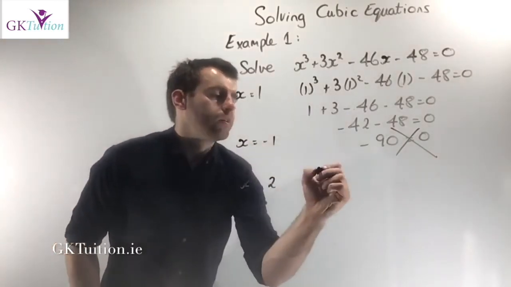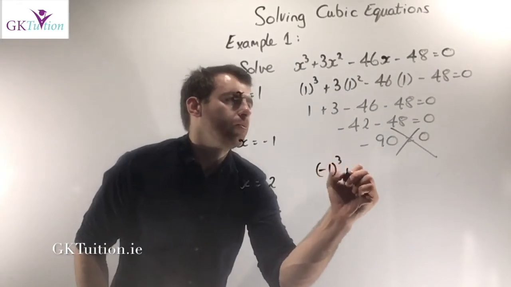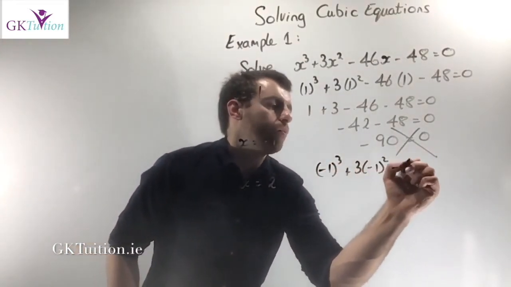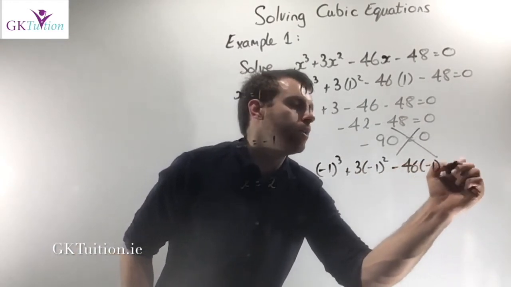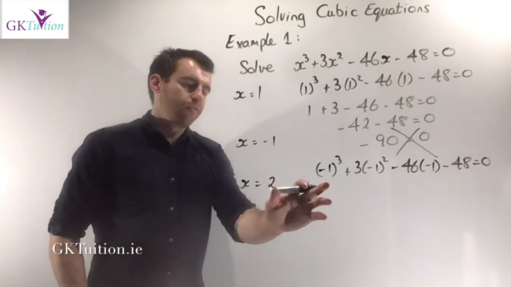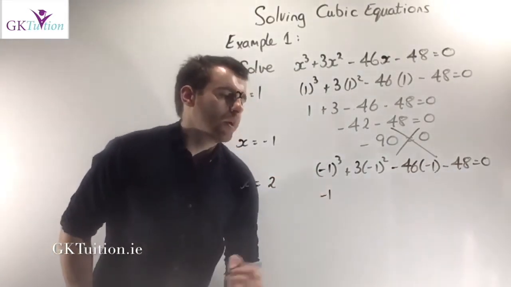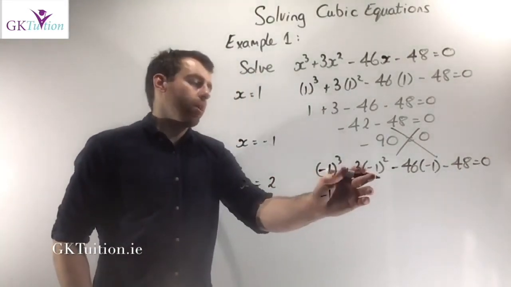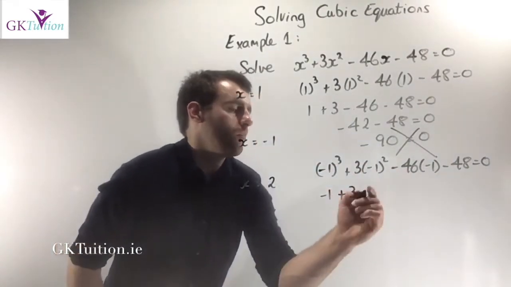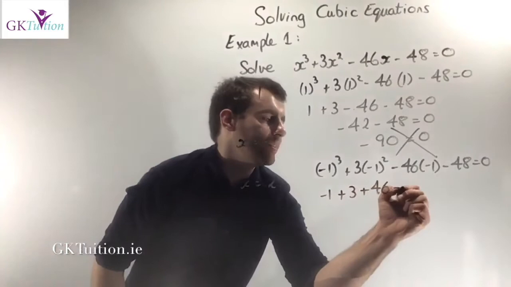If I sub in minus 1, I'm going to get minus 1 cubed plus 3 times minus 1 squared minus 46 times minus 1 minus 48 equals 0. If I have 3 minuses, I end up with minus 1. Minus by minus gives me plus, so this is 3 times 1, which is 3. Minus by minus is plus, so that's a plus 46.